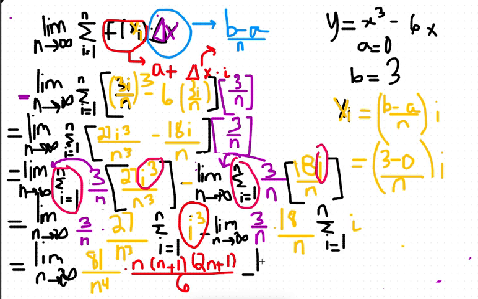So you're going to keep everything else on this side the same too. So this limit stays the same. 3 over n times 18, so 18 times 3, and then n times n, so 54 divided by n squared. Now you don't need this summation anymore. So for this, actually I should circle this whole thing, this formula, so not just the i cubed.